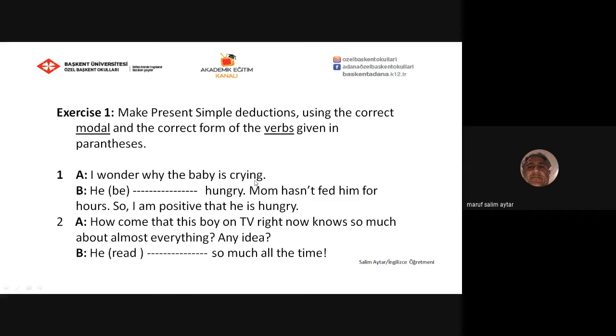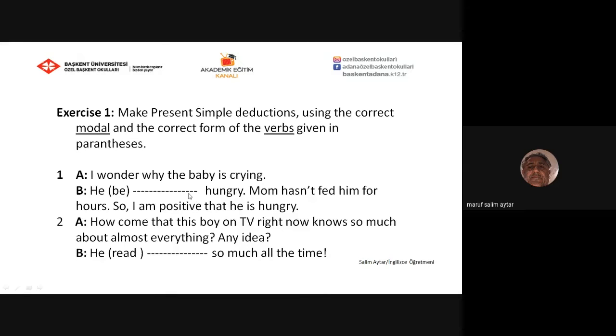So we need to find a clue to make a strong deduction. Can you find the clue here? I'm positive that he's hungry because mom hasn't fed him for hours.